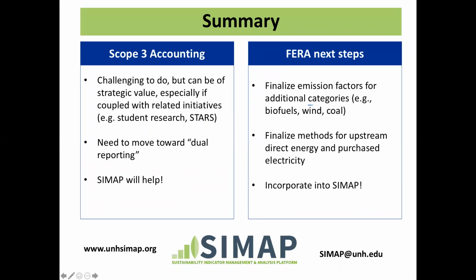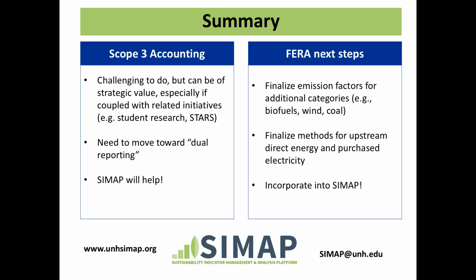So in summary here, we've presented our update on complete scope 3 in SIMAP. As we acknowledge, it is challenging to report on these additional scope 3 categories from a collection process, from a communication perspective, a calculation perspective, but we think there are many reasons to add full scope 3 accounting into our footprints.